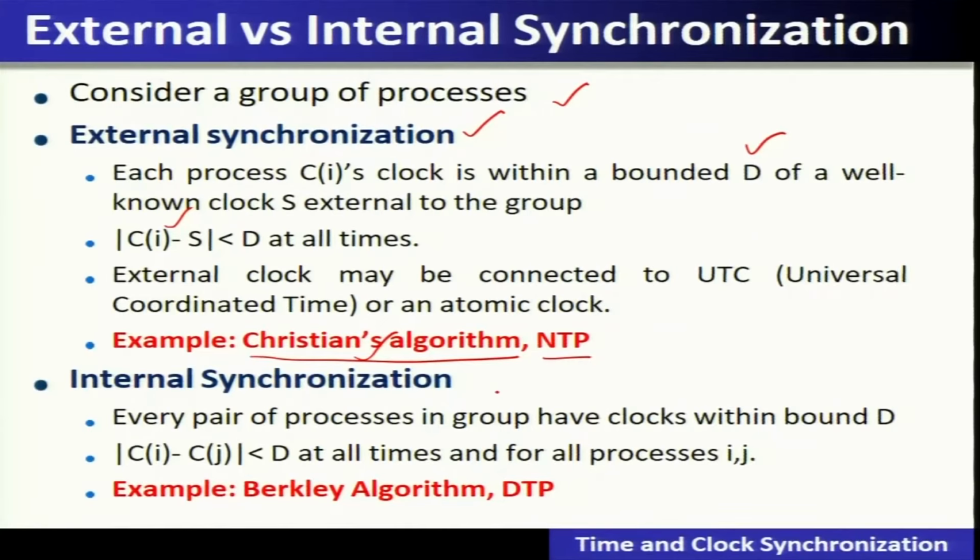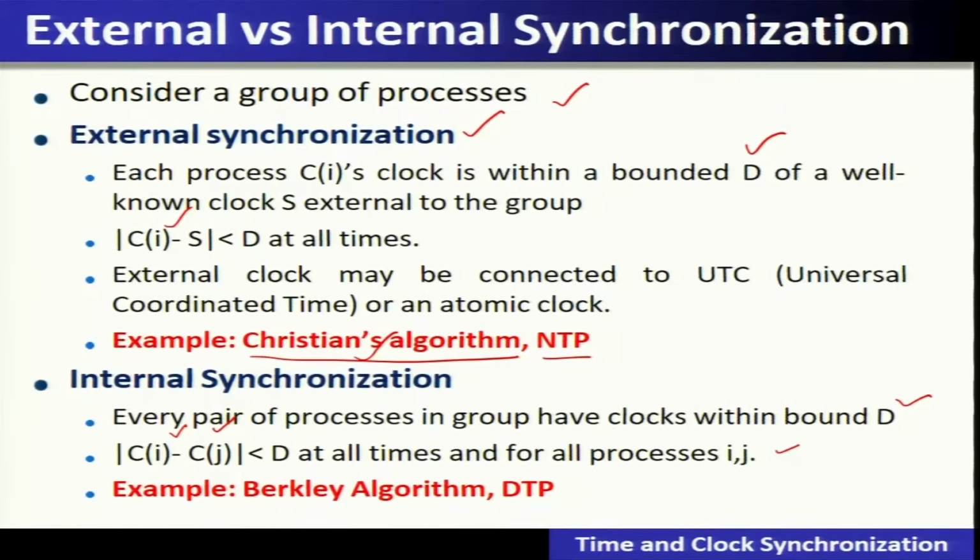So, every pair of processes in the group has clocks within the bound D, that is, given two clocks within that system, Ci minus Cj is bounded by D at all points of time for all processes i and j. So, this is called internal synchronization.